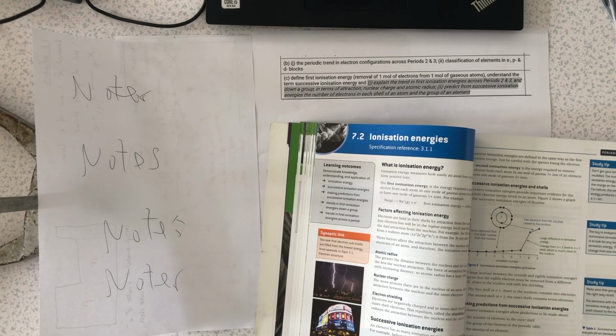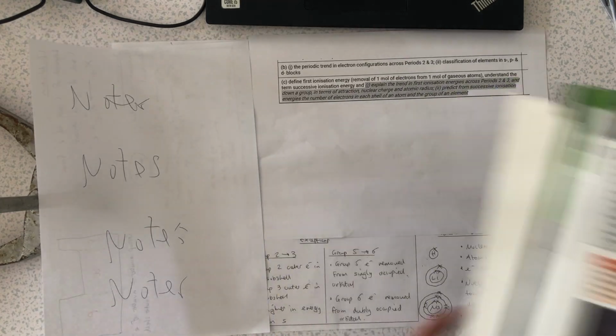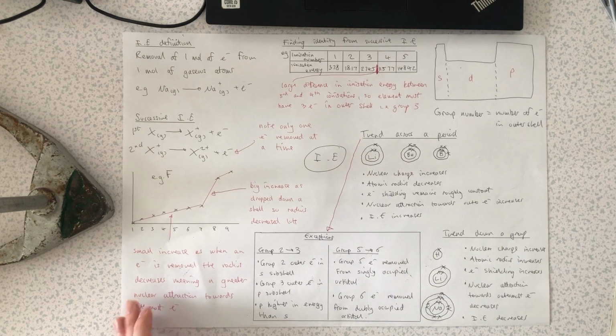So, Blue Peter style, here's what I made earlier. Big reveal, ta-da! And you'll see straight off the bat, I've probably squeezed a little too much on this page. If you've got big handwriting or you're doing a topic which has lots of big diagrams, there's absolutely nothing wrong with turning over and carrying on your mind map on the back.